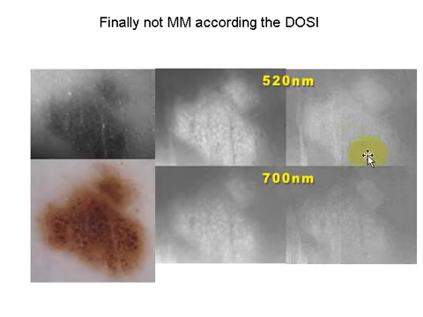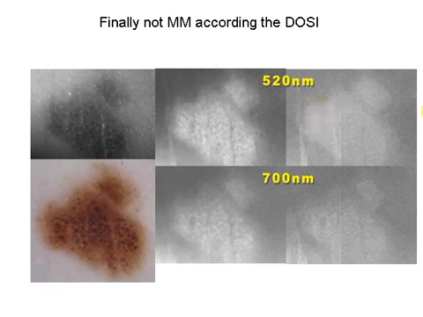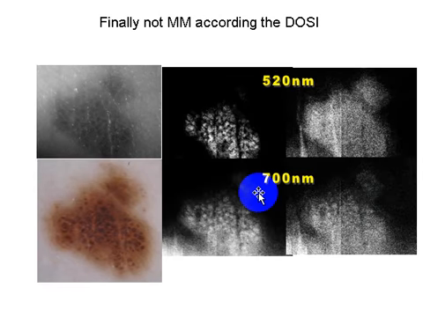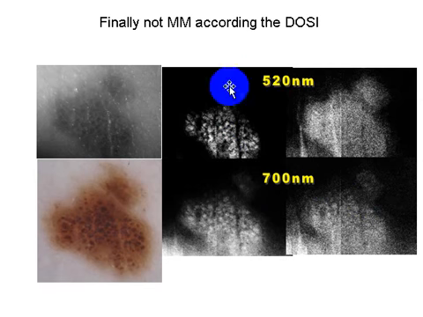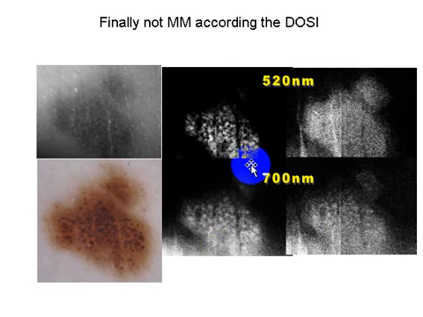So if you see this lesion in higher contrast, here it's in the 520 nanometers, and this is taken in 700 nanometers. This is algorithm 1, and this is algorithm 2. And again, even when I magnify the contrast, you can see that there are boundaries, but there is no correlation between algorithm 1 and algorithm 2, meaning between the intensity of the scattering and the boundaries.